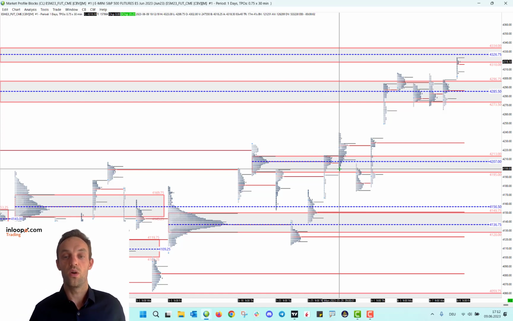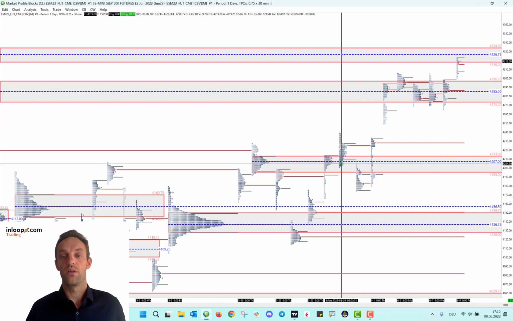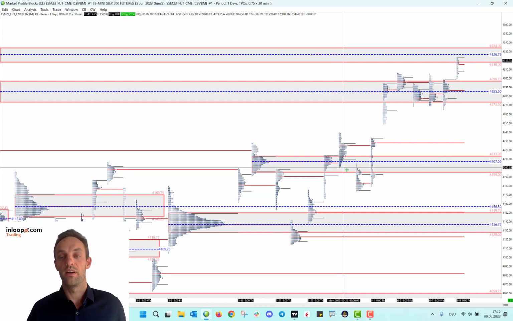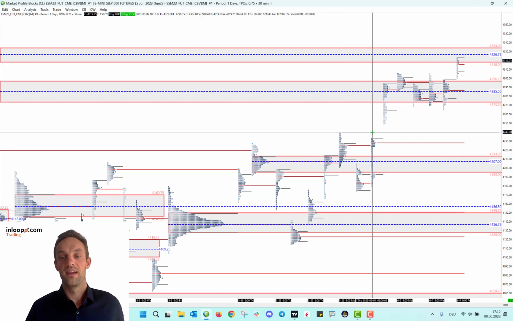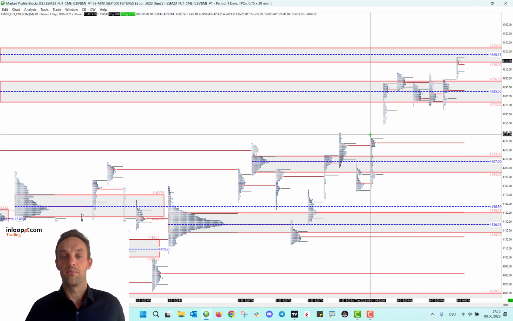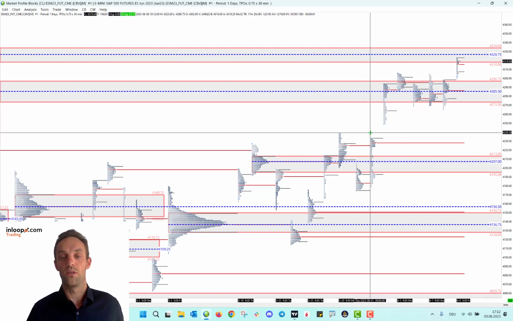So there's no early morning session, and of course there's no late night session included in this market profile. And this is very important because market profile shows the transacted time from the underlying, and if you're using this for the whole electronic trading session, which includes also the night session and the early morning session, then you get a wrong picture.